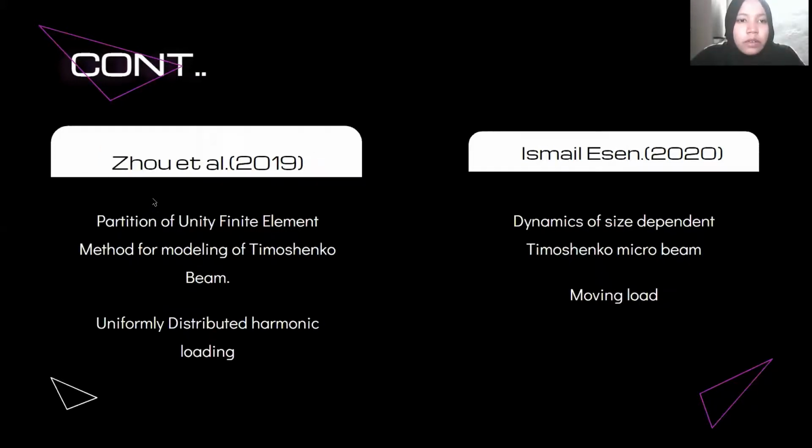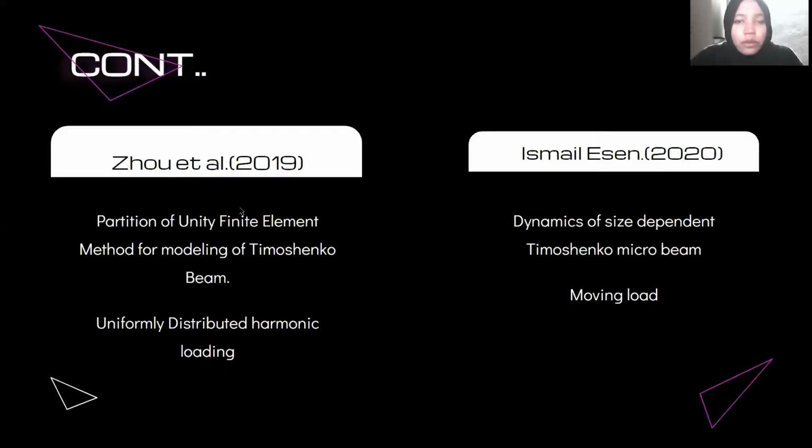Next, Zhao and other authors in 2019. This article is about partitions of linearity finite element method for modeling of Timoshenko beams, and it used uniformly distributed harmonic loadings. And next is Ismail Hassan in 2020. This article is about the limit of size dependence of Timoshenko microbeam, and it used moving loads.